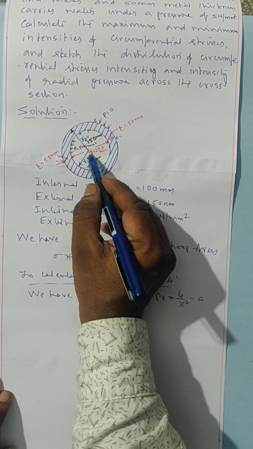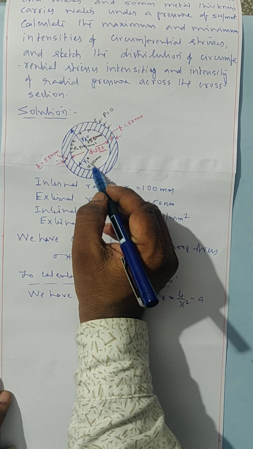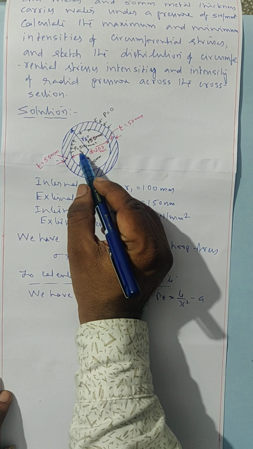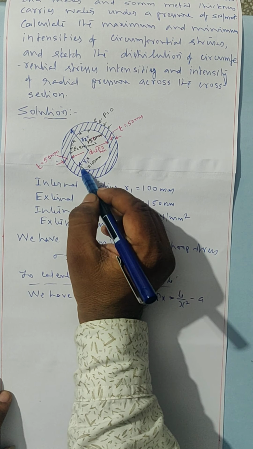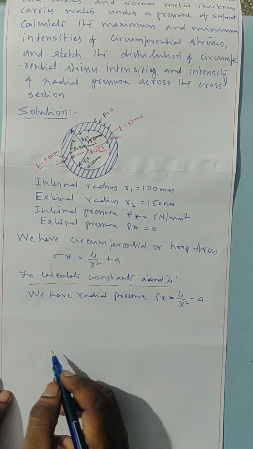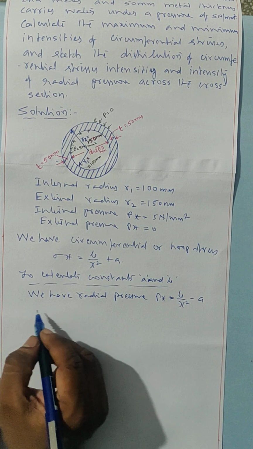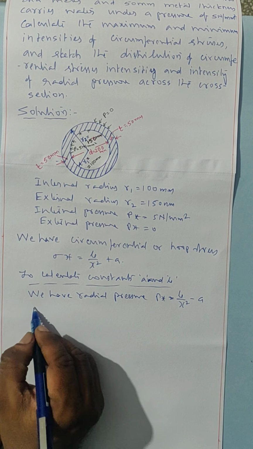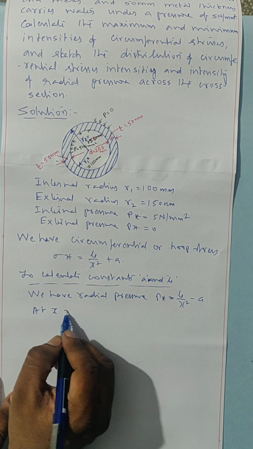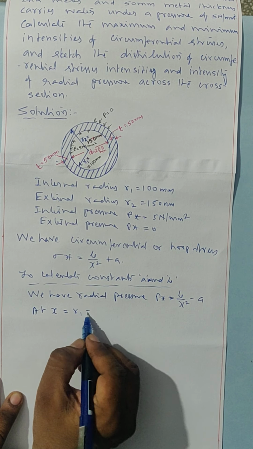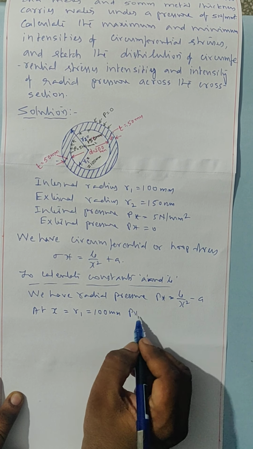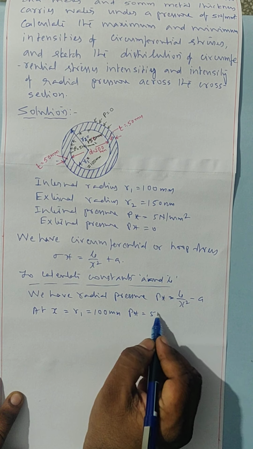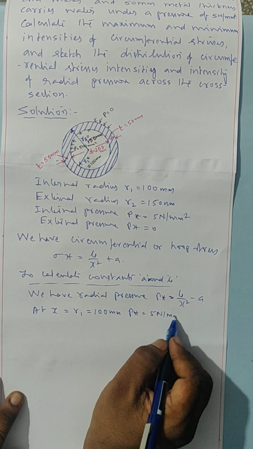At r1 equal to 100, the pressure is 5 Newton per millimeter square. See, inside pressure is 5 Newton per millimeter square. At x equal to r1 equal to 100 mm, Px equal to 5 Newton per millimeter square.